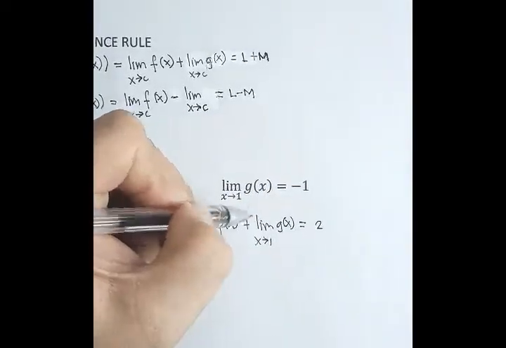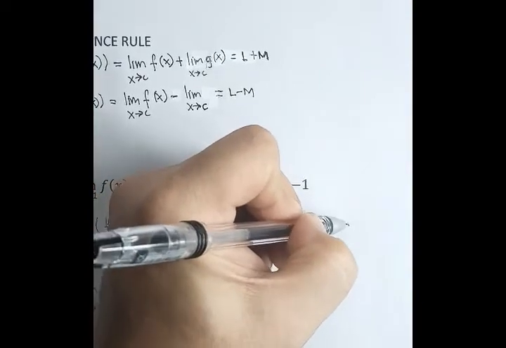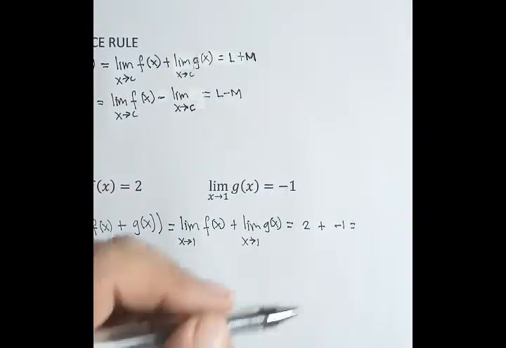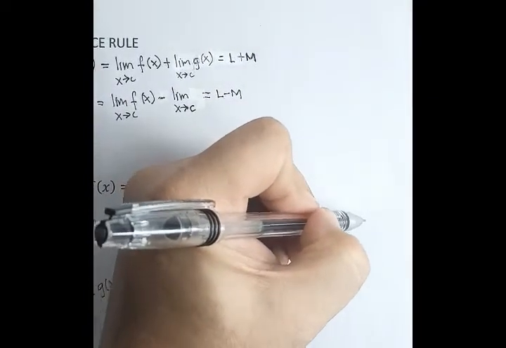So we have 2 plus negative 1, which is equal to 1.